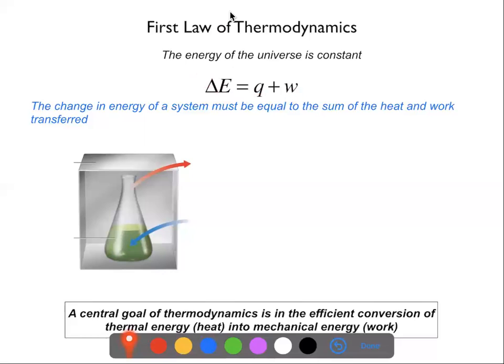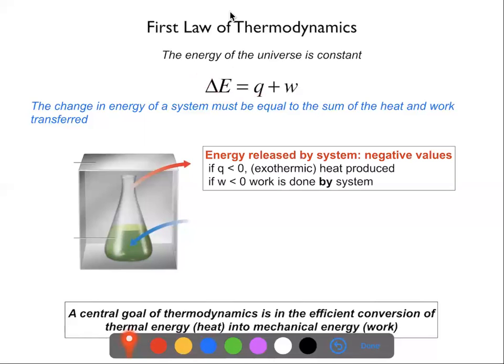Now, also recall that when we talk about heat and work being produced or released from a chemical reaction, we have to think about their sign. In general, whenever an energy, whether it's heat, work, delta E, or later on delta H, is negative, less than 0, that means energy is leaving our system.